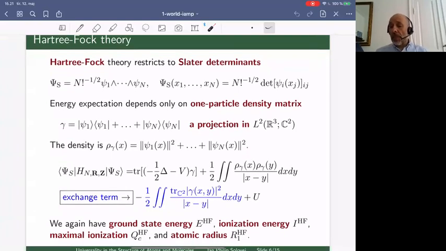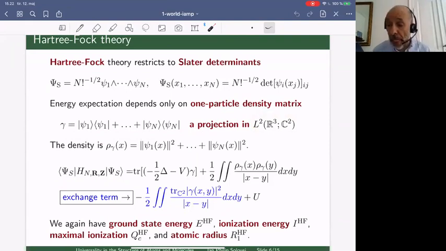Anyway, so when I restrict to these wave functions that are Slater determinants of n orbitals, and you want to calculate the expectation of the energy, I wrote it down here, in the Slater determinant it depends only on the one-particle density matrix. And I wrote the one-particle density matrix here. It's an operator on the one-body space L2 of R3 with values in C2.